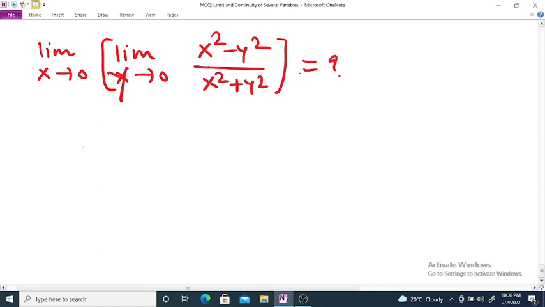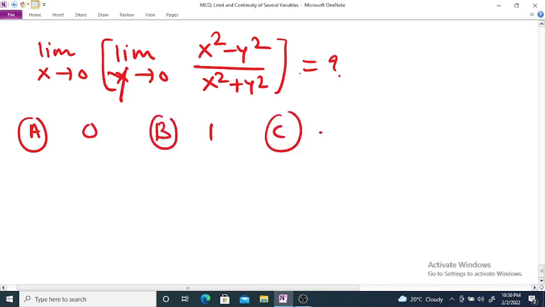So what is the correct option here? The options are given: a is equal to 0, b is equal to 1, c is equal to minus 1, and d is equal to none of these.